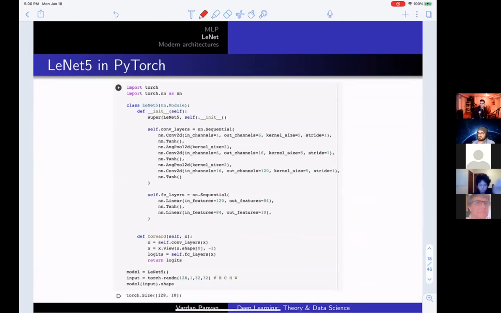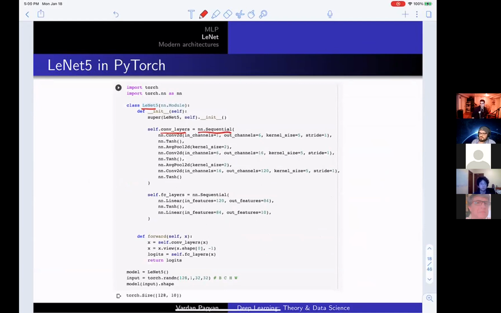So here's how it looks in practice. This is LeNet 5, the network that we saw Jan LeCun use, in PyTorch. So how does LeNet 5 look? You define a network, which is called Net5, and then you define the convolutional layers in a sequence.